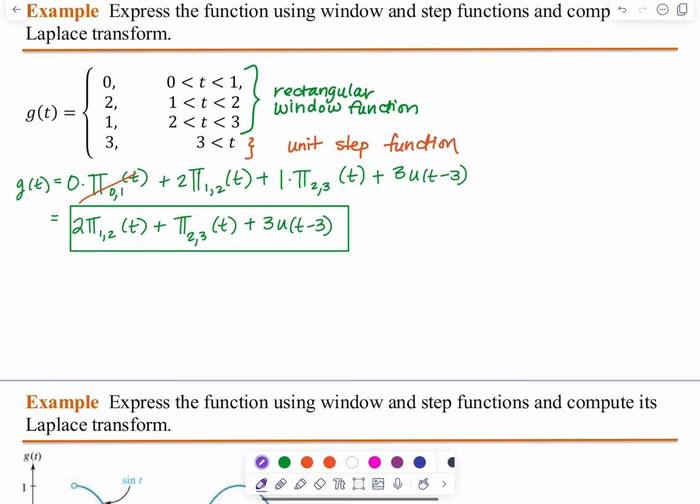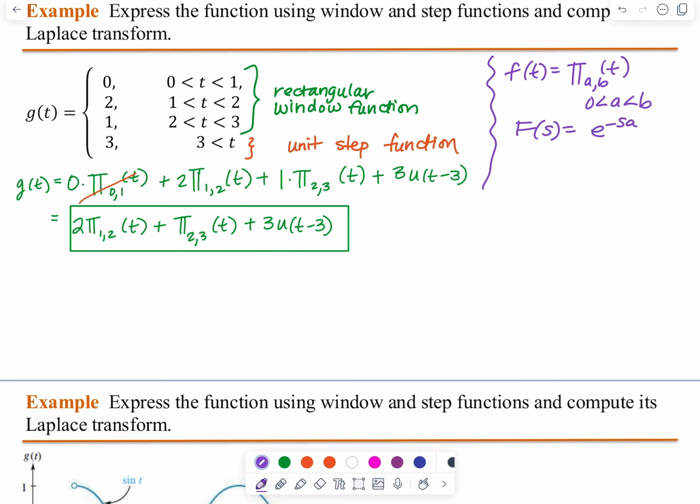We have that when f of t is equal to this window function from a to b of t, where a is between 0 and b, our Laplace transform is equal to e to the negative s a power minus e to the negative s b power, where a and b are the ends of those open intervals, divided by s.